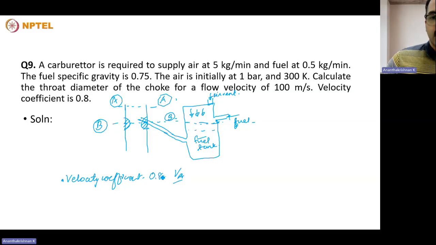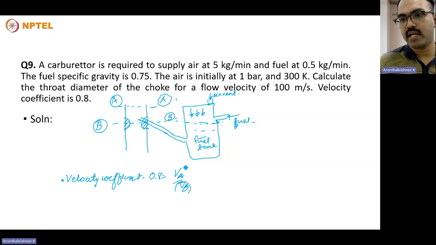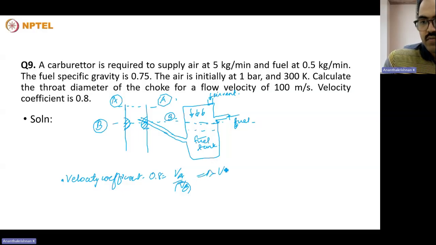So it could be written as VA by VB. We know the point with the smallest cross-sectional area will have the highest velocity, because the air flows in a continuous stream. It doesn't have any leakage as well. So applying the continuity equation between A and B, we will get a high velocity at point B. So velocity at point B will be equal to VA divided by 0.8.